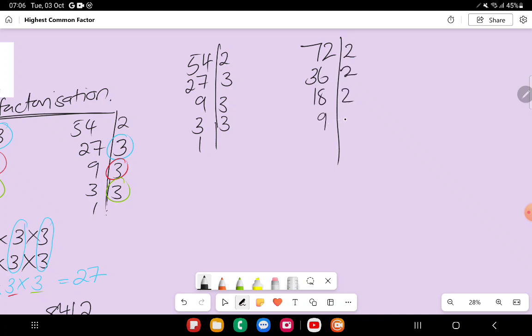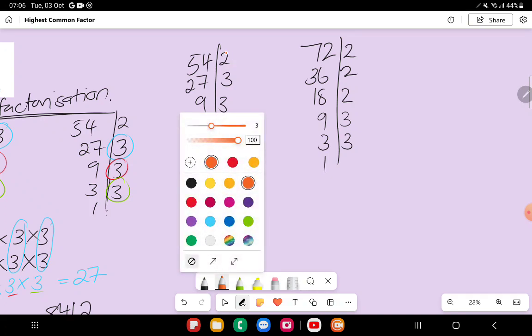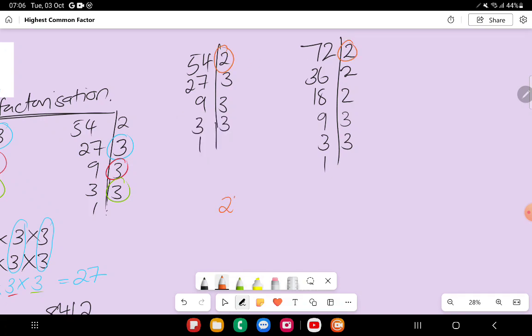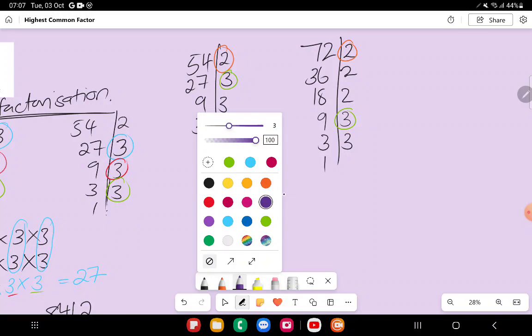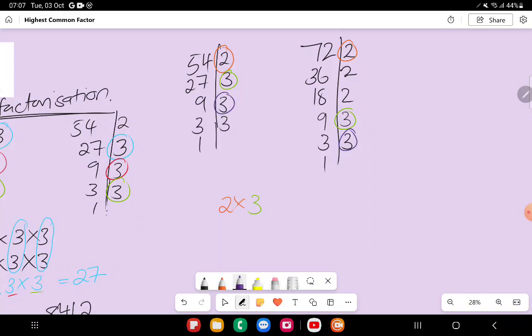Divide by 2 gives me 9. Divide by 3 gives me 3. Divide by 3 gives me 1. Common factors. I have a 2 and a 2. I have a 3 and a 3. I have a 3 and a 3. And that's it. So my highest common factor is going to be 2 times 3, which is 6. 6 times 3 is 18.